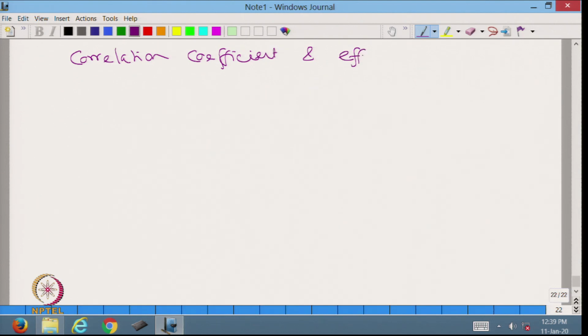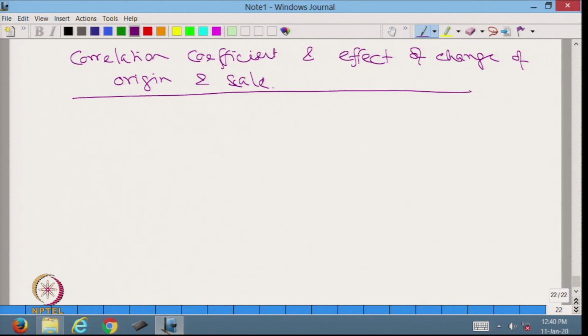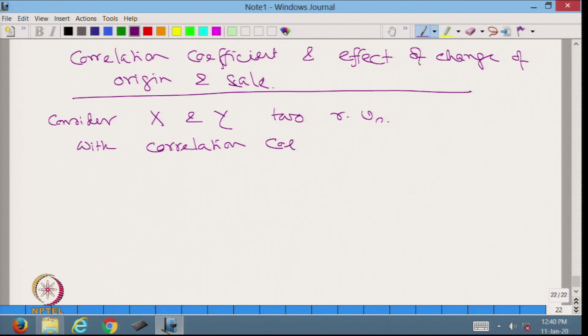Correlation coefficient and effect of change of origin and scale. Consider x and y two random variables with correlation coefficient equal to rho x y.